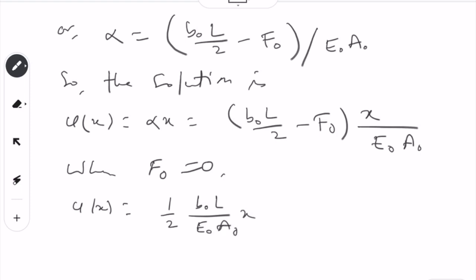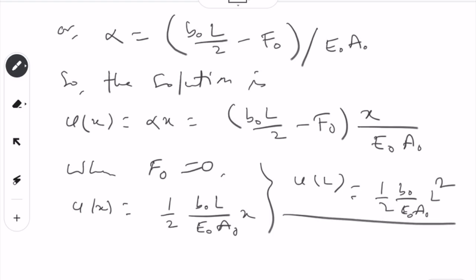Which is similar to the solution we got last time. We get exactly the same solution. And hence we get u at L is equal to half b naught over E naught A naught L squared. So this is what you got, and which is the exact solution when f naught is equal to 0.